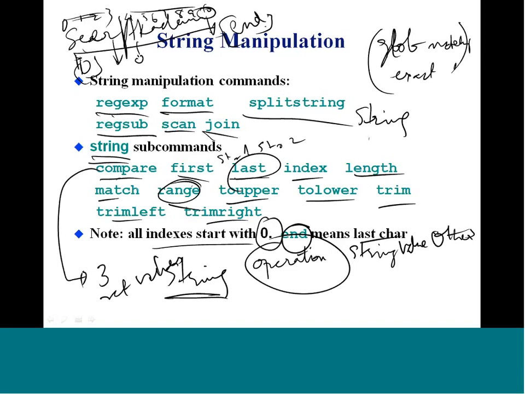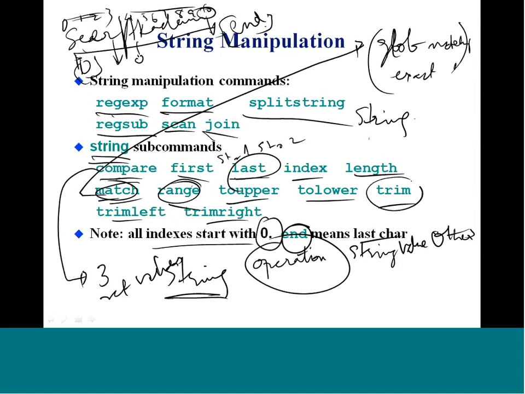Then string match takes a pattern and a string, two arguments, and returns 1 if the string matches the pattern, otherwise it returns 0. The string match command uses glob style matching, which means you can use special characters and wildcards. We will see that in a further example.